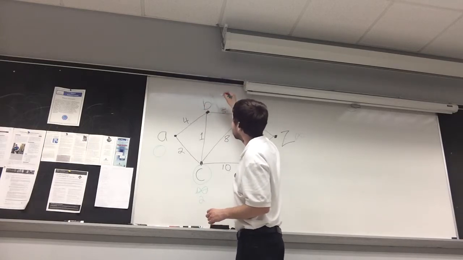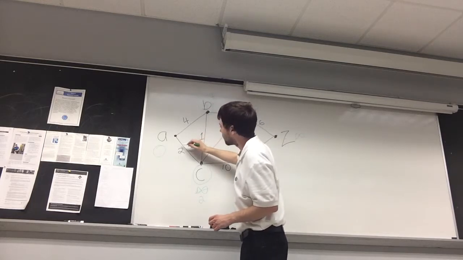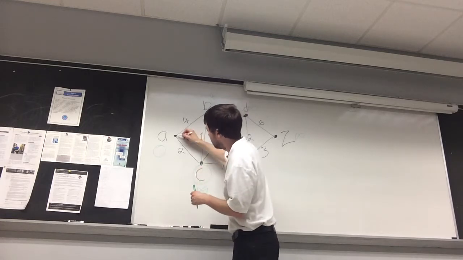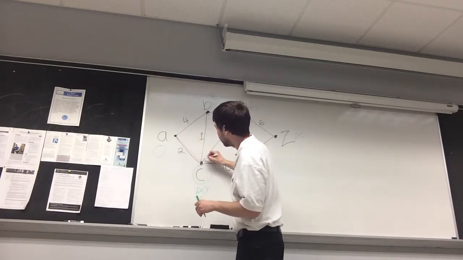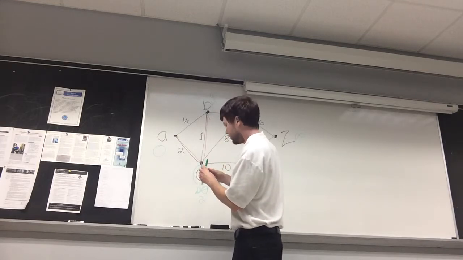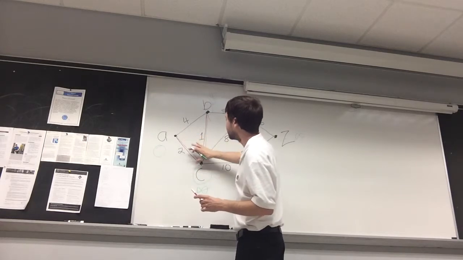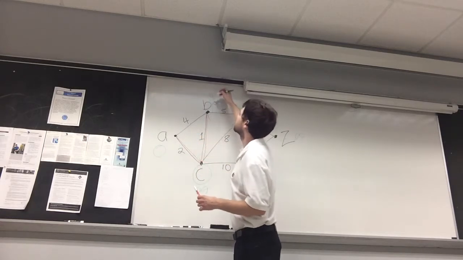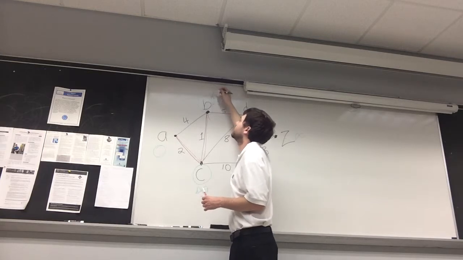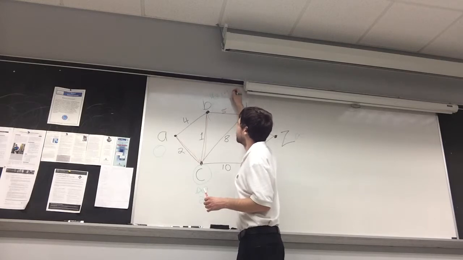And now you replace 4 with the path from the origin to C and from C to B, which is 2 plus 1, because the first edge has 2 and the second edge has 1. So you replace the weight on node B with 3, which is the sum of 2 plus 1.